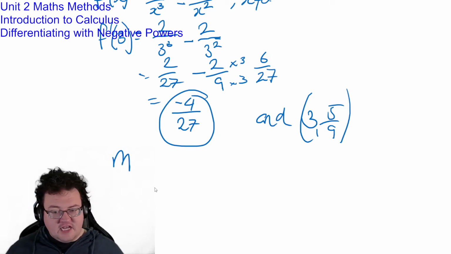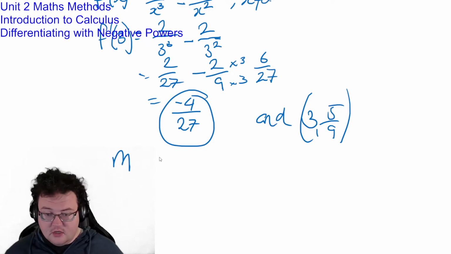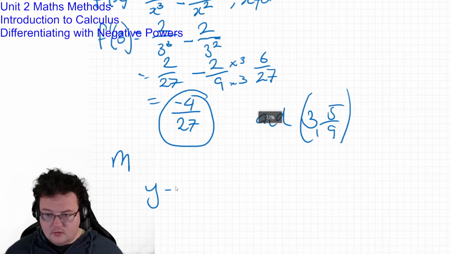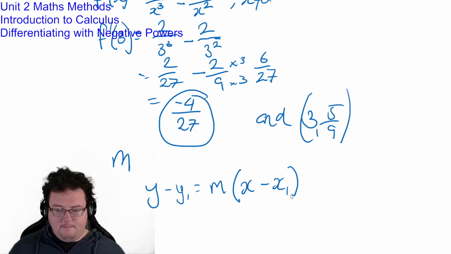Formula for finding the tangent is the same as the formula for finding a straight line with a gradient and any single point. y minus y1 equals m, x minus x1.